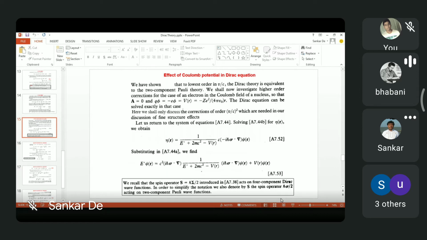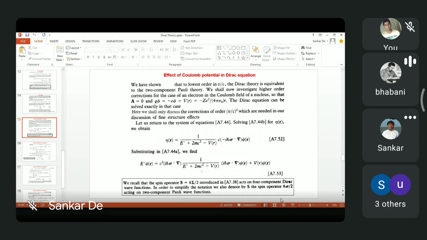Sir, what I think is that maybe by expanding 1 by e prime plus 2mc square minus vr, we take out 1 by 2mc square and 1 minus e prime minus vr by 2mc square again. I think that one term is multiplied with the first term.